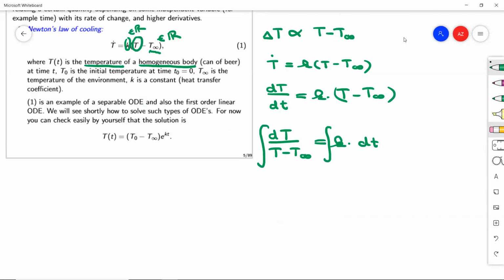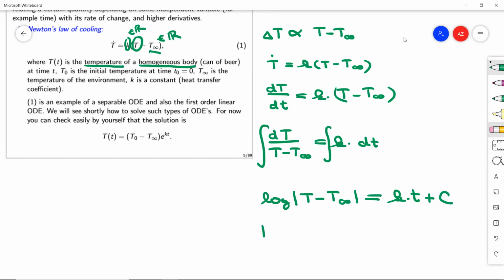You all know what the integrals of both sides are. On the left side, we get the logarithm of the absolute difference between T and the temperature of the environment. And on the right side, we get k times time plus some constant.